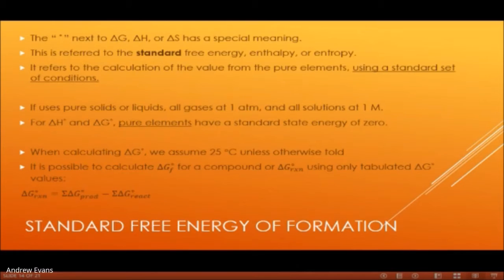Because of the definition of that, producing oxygen from oxygen should be a net zero process. You don't need to do anything to turn oxygen into itself. Because of this, delta G and delta H will be 0 for pure elements, but entropy will not.